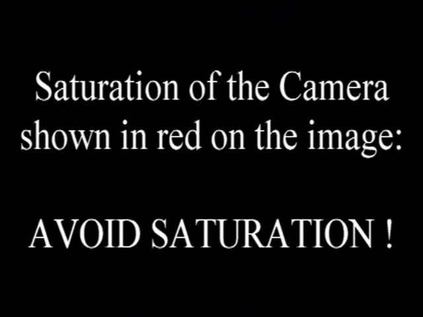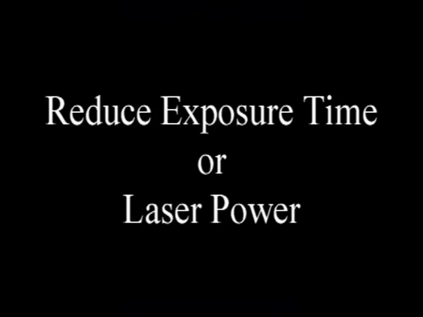What we want now is not to saturate the camera. So you need to start with a small exposure time, and you increase the exposure time slightly. By default, the exposure time is 0. Then you can see a red dot on the image. It means you are saturating the camera. This red spot indicates that you have too much light on your sensor, so you have to reduce the exposure time or reduce the laser power.